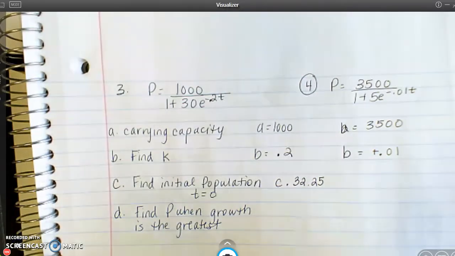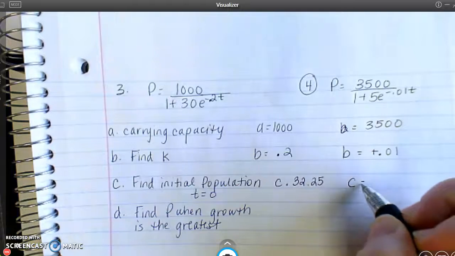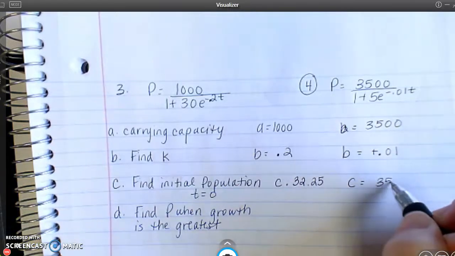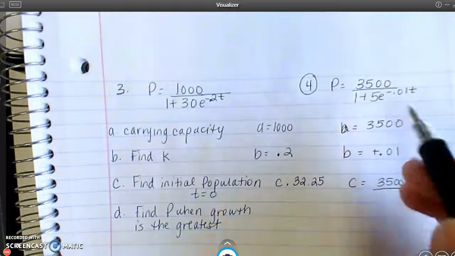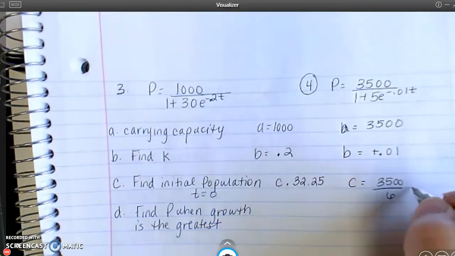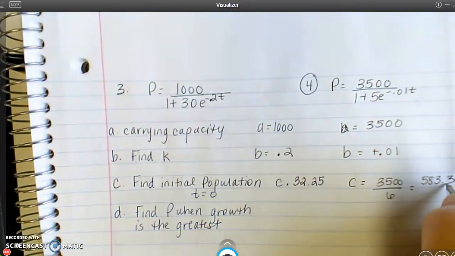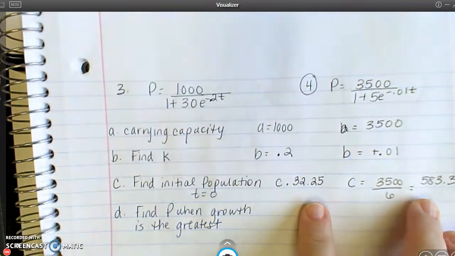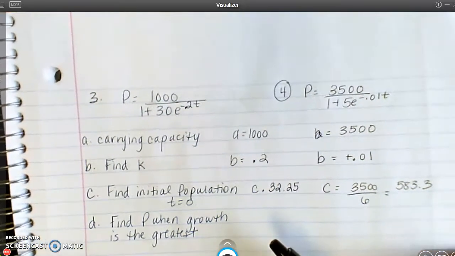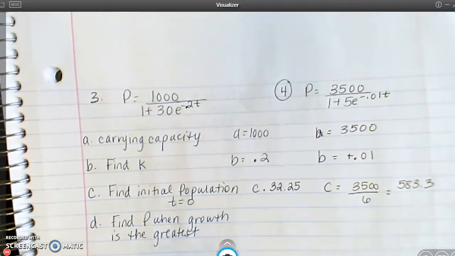For number 4, it would be 3,500 over 1 plus 5, which is 6, since you're plugging in a 0 for t. And you get approximately 583.3. Most of the problems you'll have will come out to normal numbers and not decimals because we're talking about a population, but in this case, this is what we get.